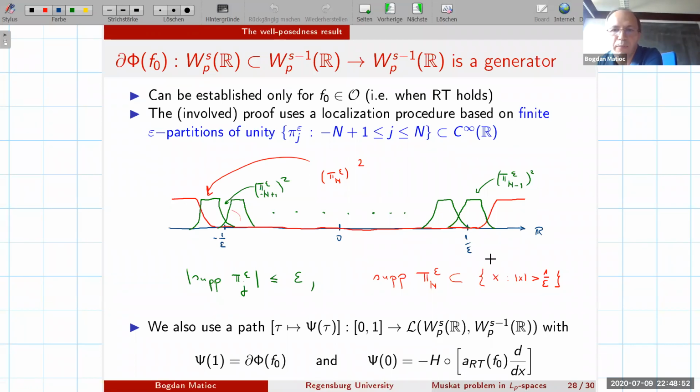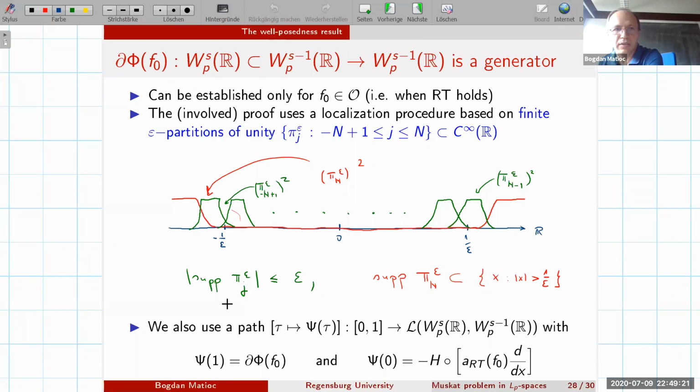So with the help of pi n epsilon, we localize at infinity, because functions in W^{s-1}_p of R vanish at infinity. And then we have a lot of functions with a small support, which are in green. However small epsilon is, we have finitely many of these functions.